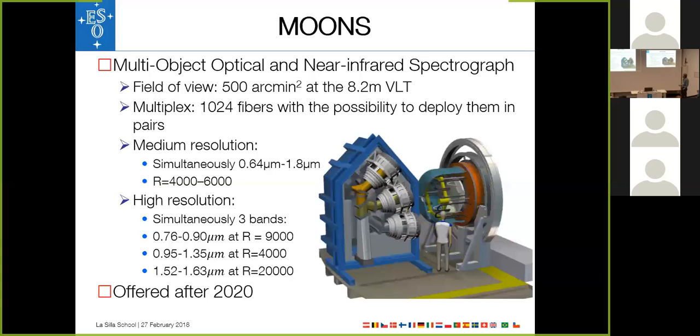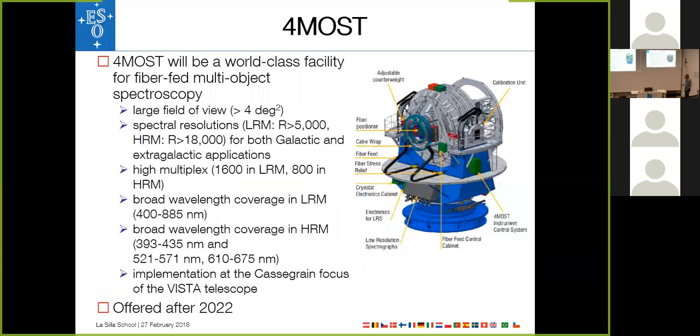And again, this should actually go to Paranal next year to be offered in 2020, maybe 2021. The other instrument that's being developed right now is called 4MOST. This is a very massive multi-object spectrograph which works in the optical, and it will go to the VISTA telescope.